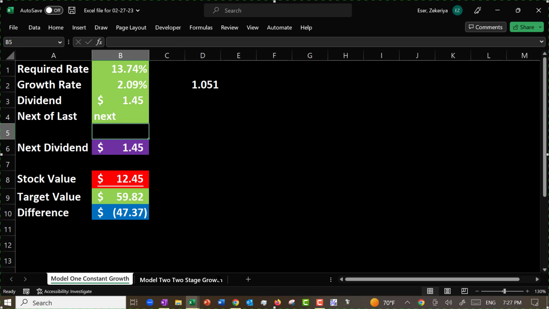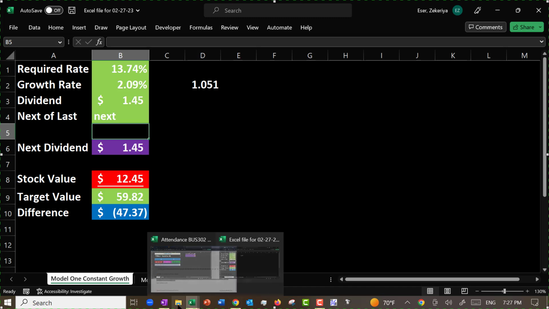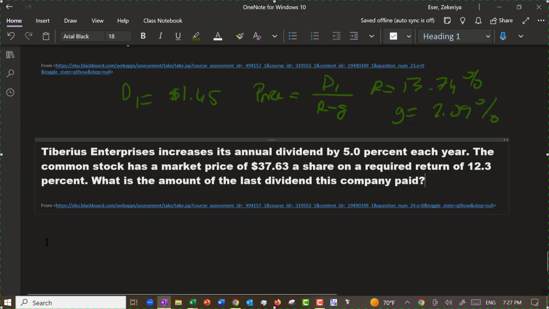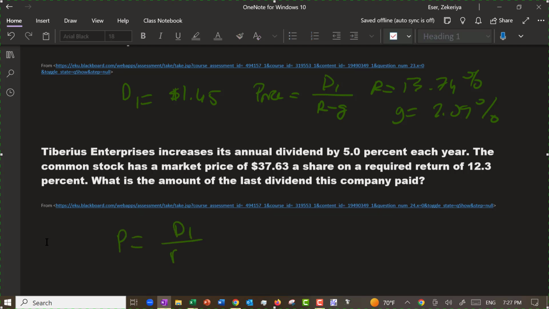Price equals D1 over R minus G, right? We know R. We're looking for D0, okay? And D0 is D1 over 1 plus G. So if we can figure out D1, we are home.